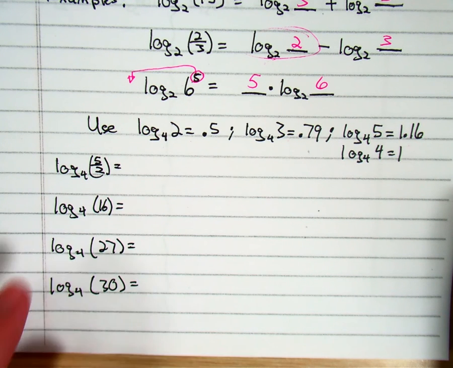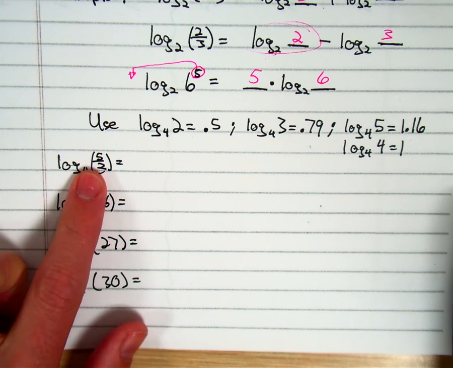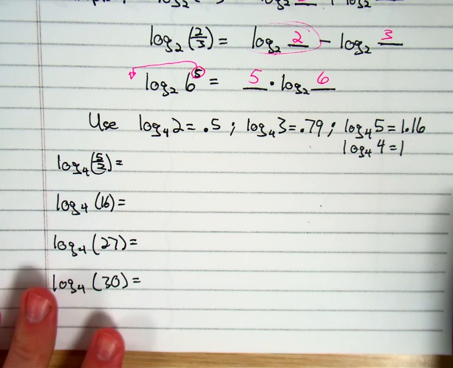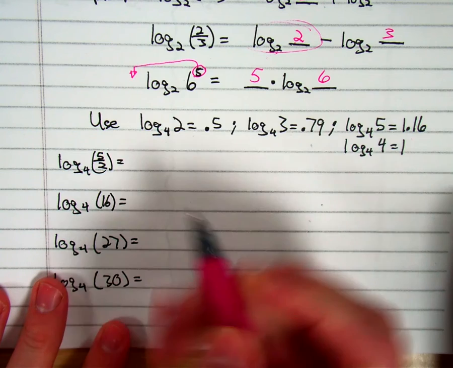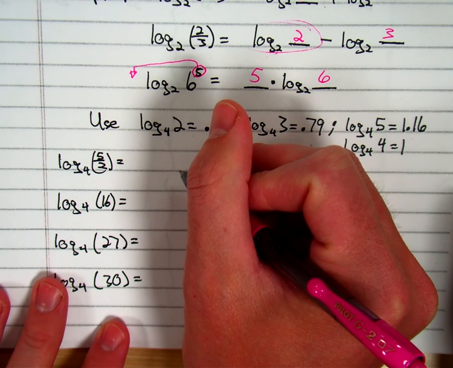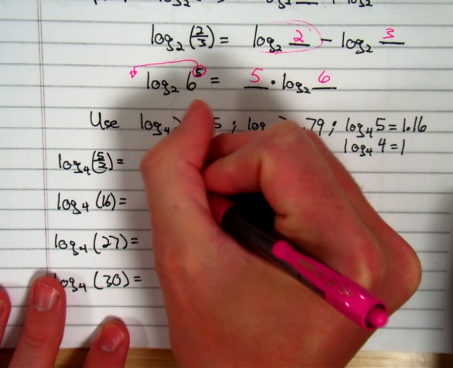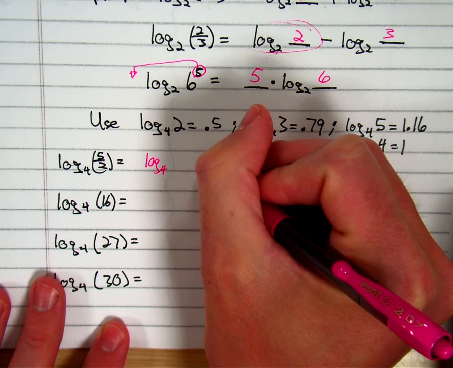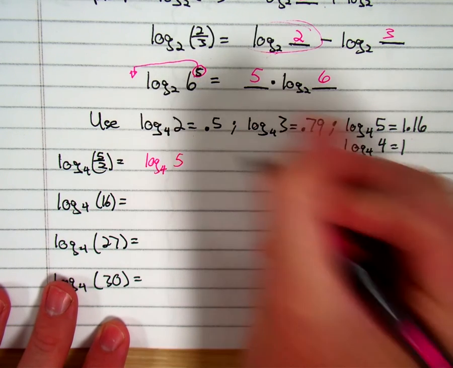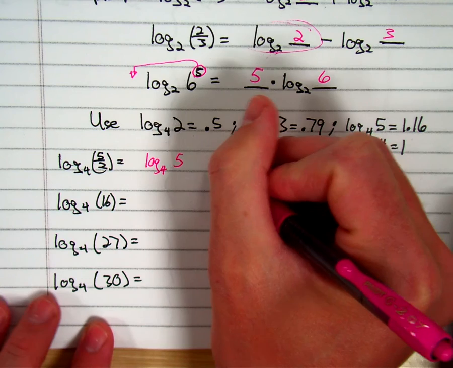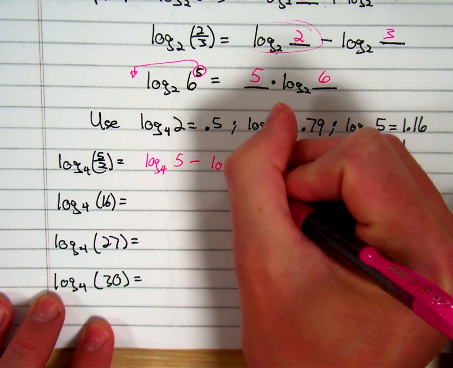All right, so let's see what we're doing here. Log base 4 of 5 thirds equals... We can use our quotient property to write this as a subtraction problem. This is going to be log base 4 of 5 minus log base 4 of 3.